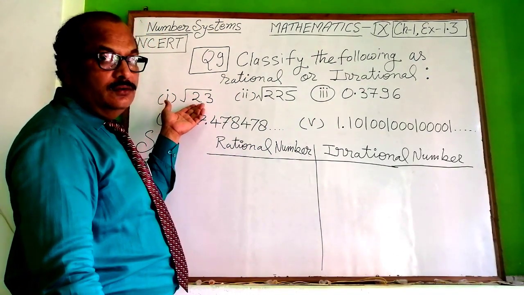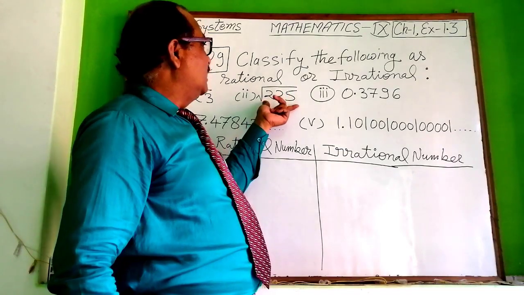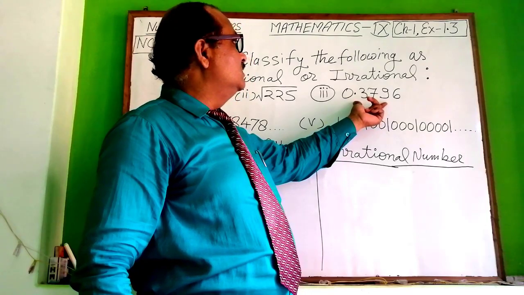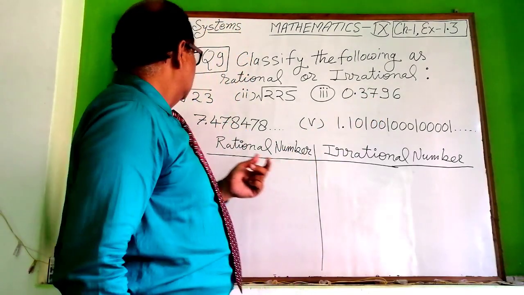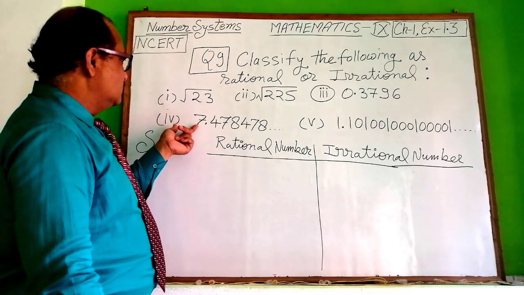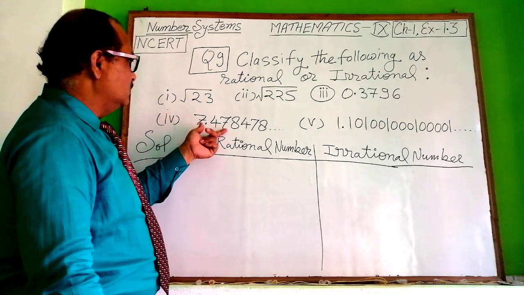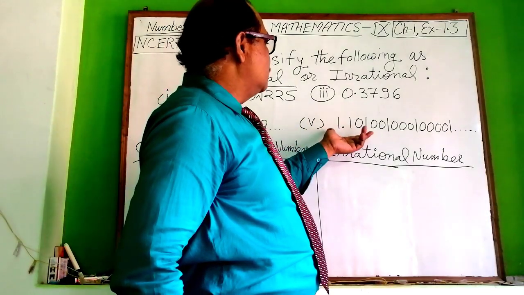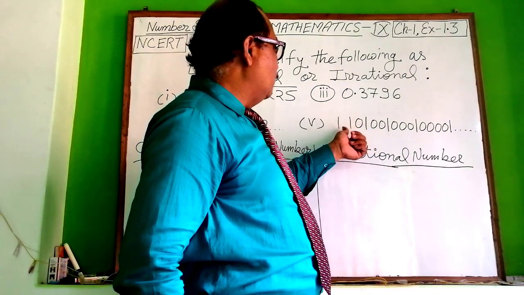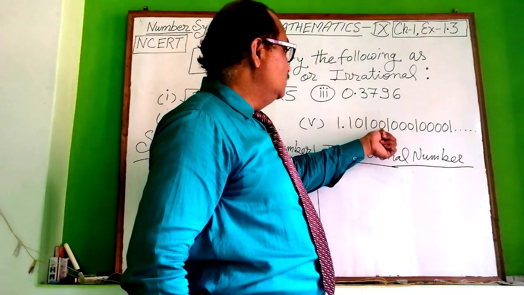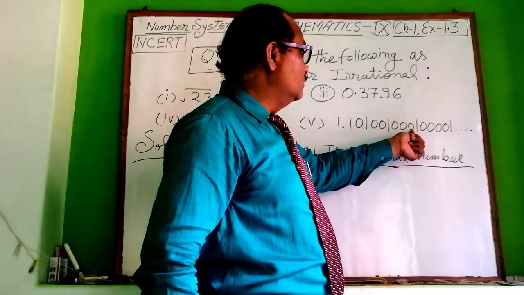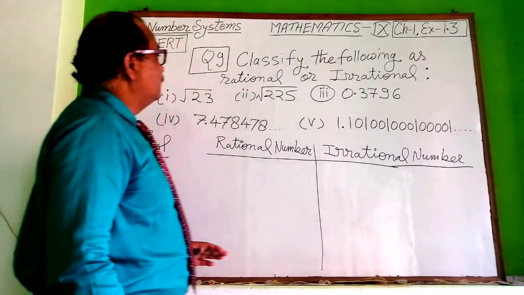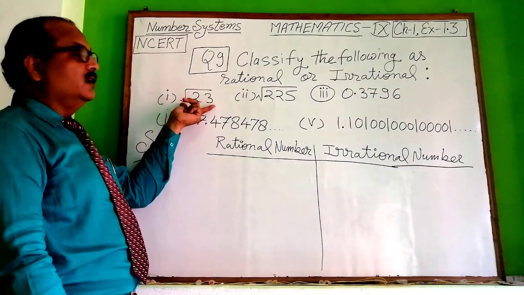In the first part, under root 23. In the second part, under root 225. In the third part, 0.3796. In the fourth part, 7.478478 and so on, and the last one is 1.101001000100001 and so on. So there are 5 numbers, taking them one by one.